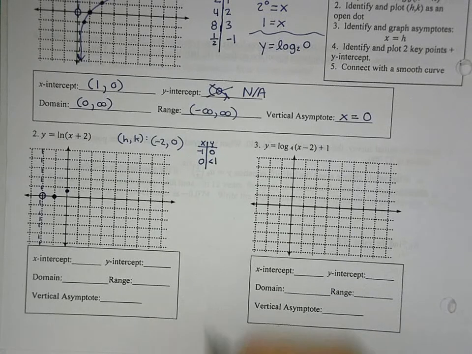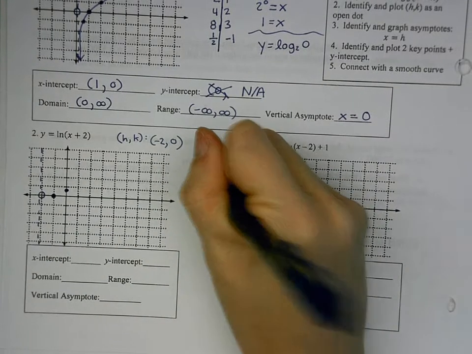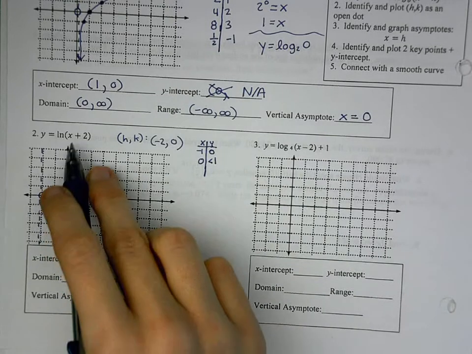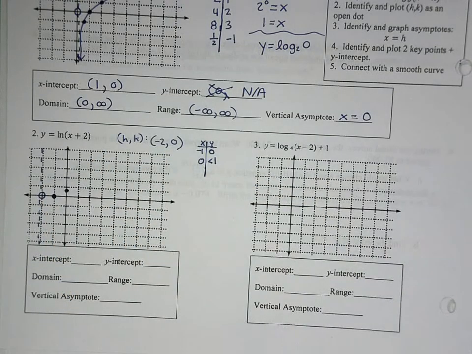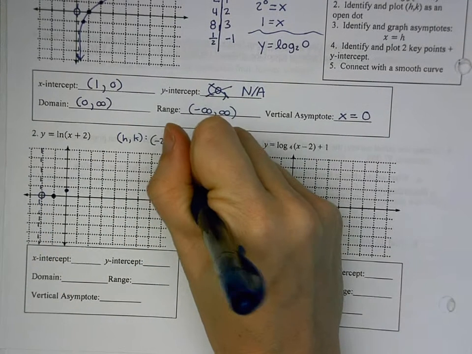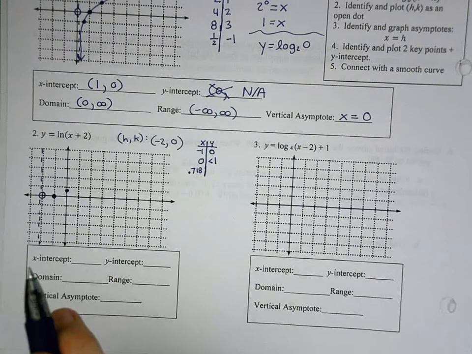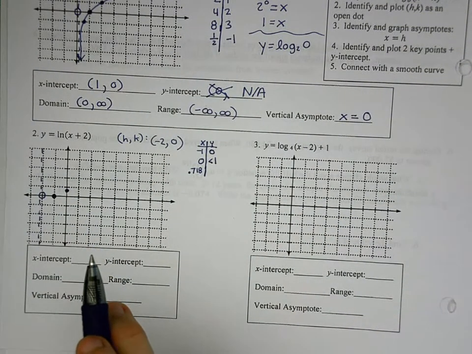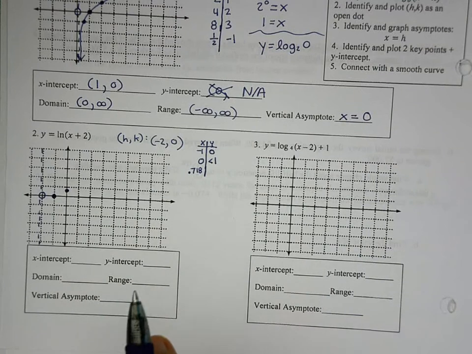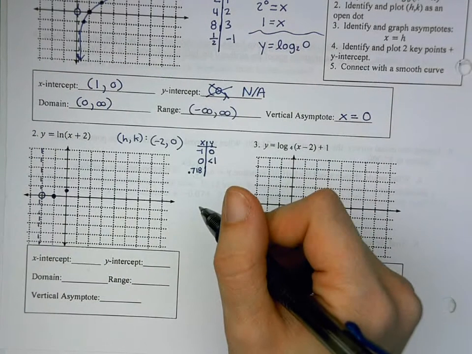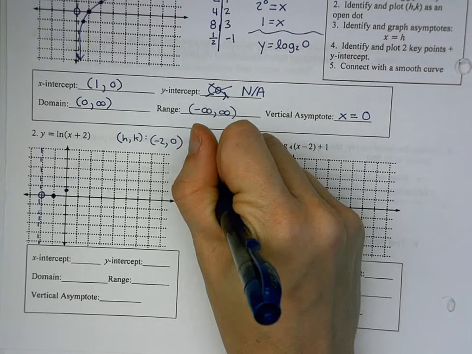Okay? Option number 2, if you aren't comfortable with that one, well then you could do what would x need to be to get me pretty darn close to e. Well, if x was 0.718, then I would have 2.718 in there, right? And that would be about what natural log of e is, and natural log of e is 1.